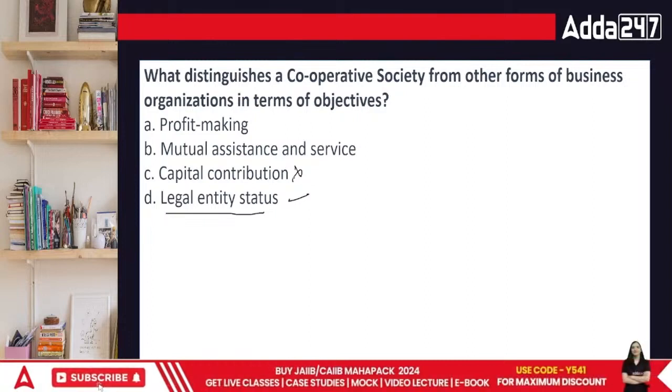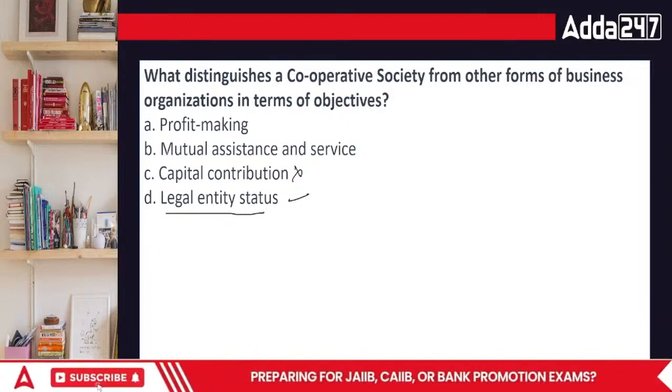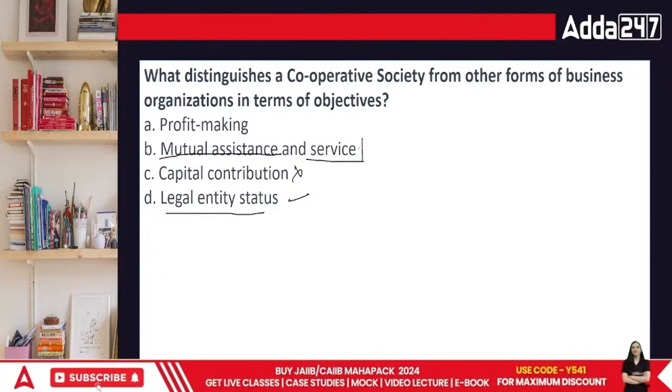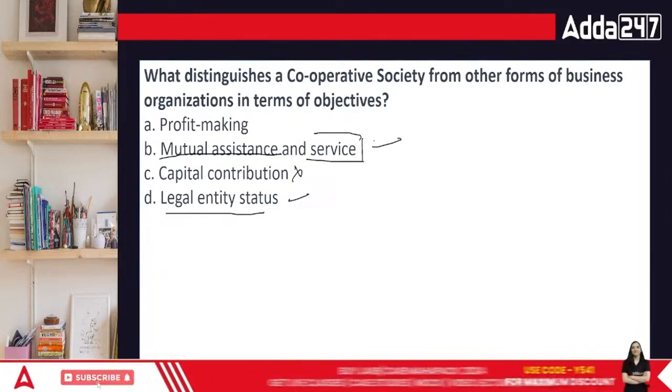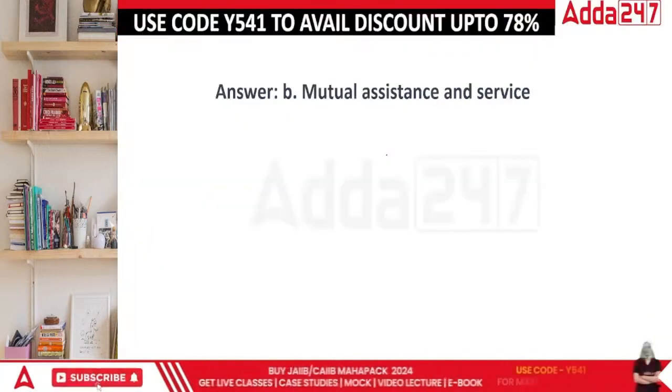Then profit making is definitely there. But there is one particular thing, that is mutual assistance and service. This is actually the most important core of it. The point is that the people in the cooperative society are working together and thus achieving their goals. The most important thing is service.